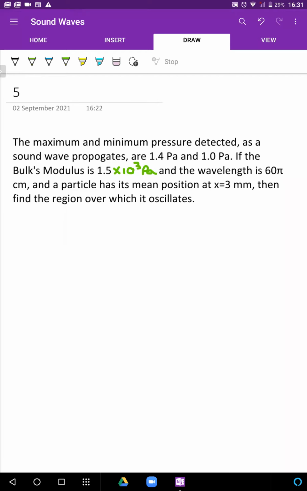P naught is BK S naught. No? Are you getting 2.92? 2.92 to 3.08. Slight mistake. You're close. I'm getting 2.96 to 3.04. Check what you've taken P naught as.